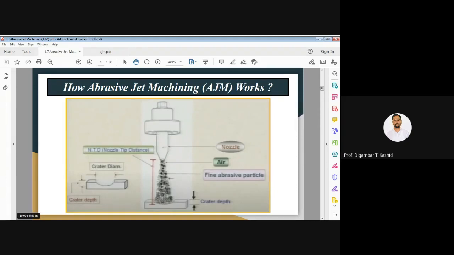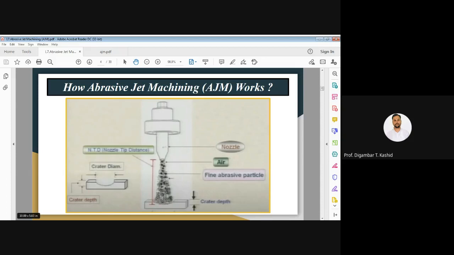Here is a nozzle through which a mixture of air and abrasive particles is coming out. In place of air, you can have some other gas also, because the air or other gas will act as a carrier gas for the abrasive particles. Now you can see the distance between the tip of the nozzle and the workpiece surface where it is hitting.